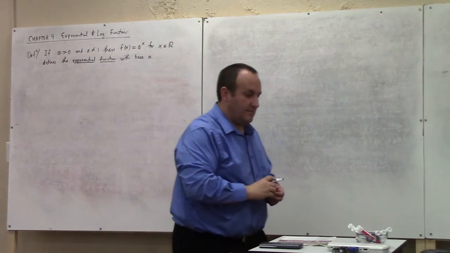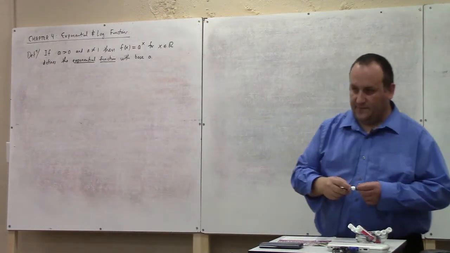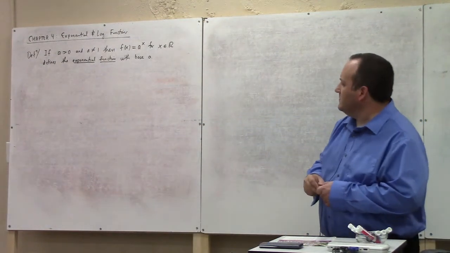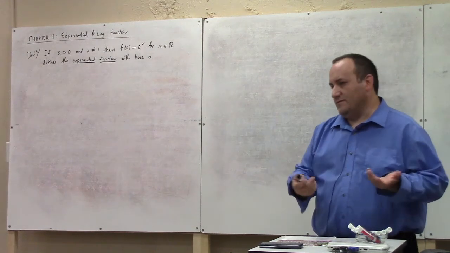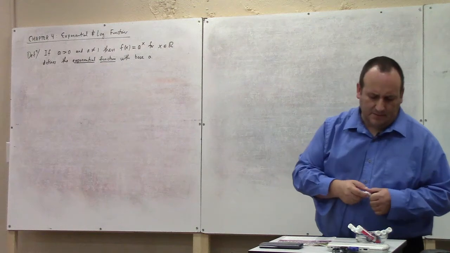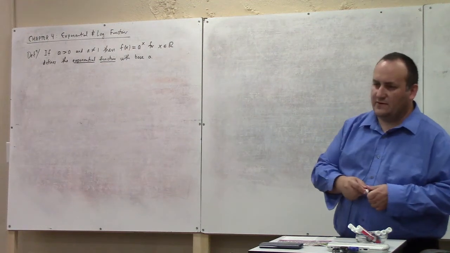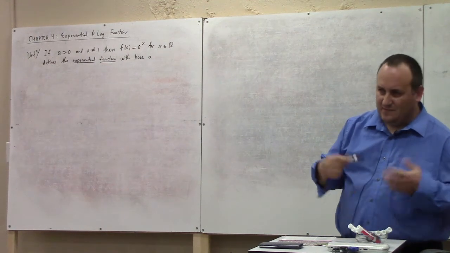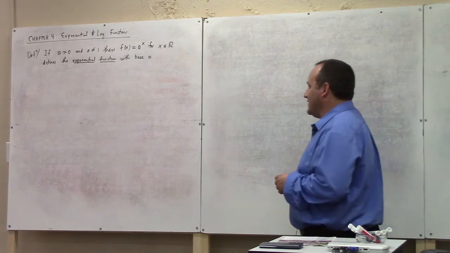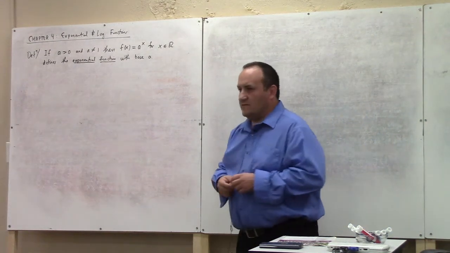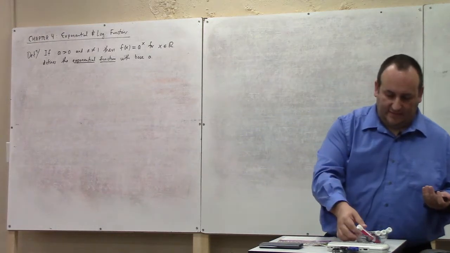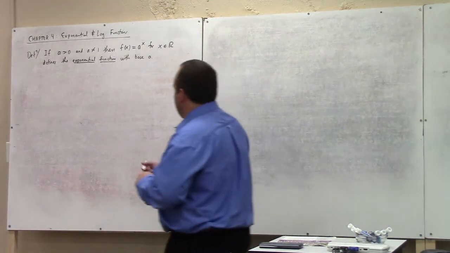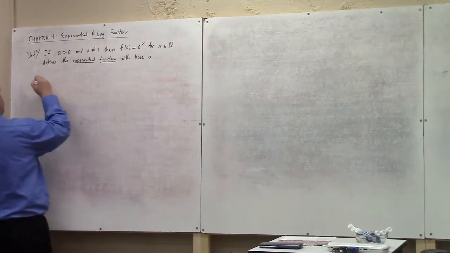Now, I would first point out that this is a little bit surprising, that you can calculate that sort of thing. Let me break this down further. What does it mean when you write a to the x? Well, if x is a rational number, we can make sense of that.